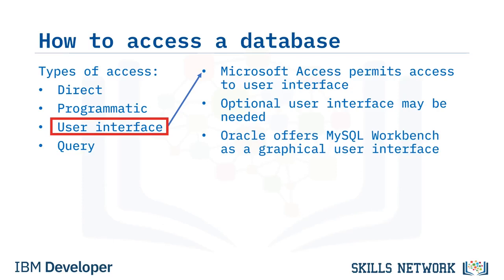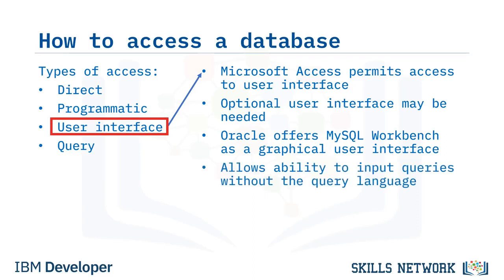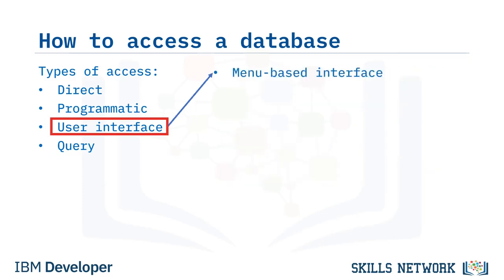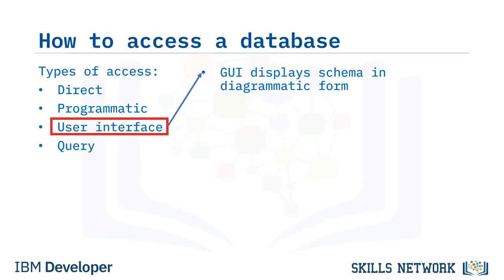A database management system, or DBMS interface, is a user interface which allows for the ability to input queries to a database without using the query language itself. DBMSs provide the following benefits: web-based interfaces for web clients or browsing, form-based interfaces. A GUI displays a schema to the user in diagrammatic form. The user can specify a query by manipulating the diagram.